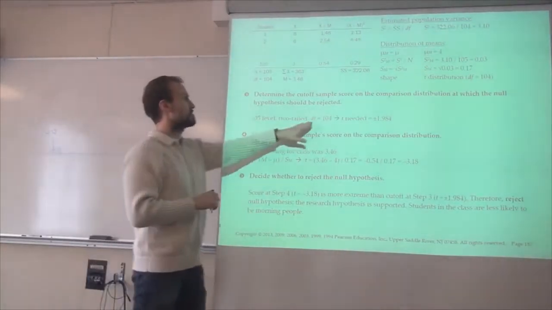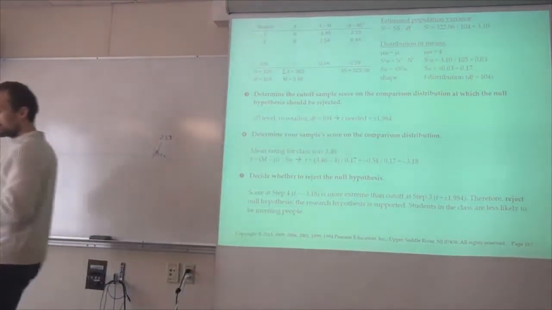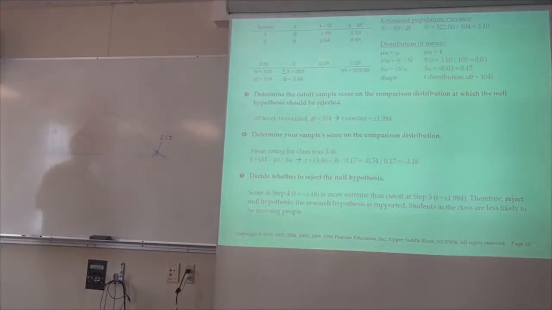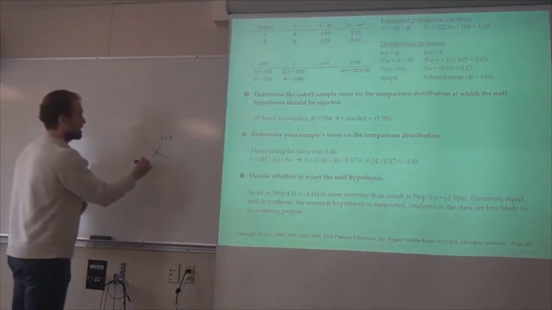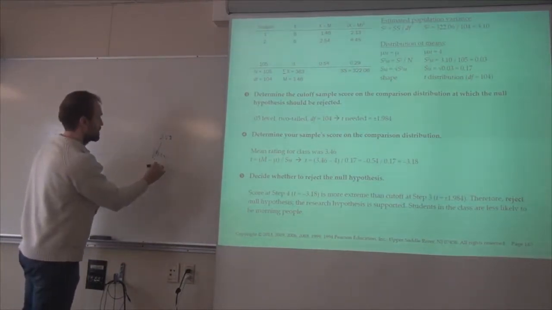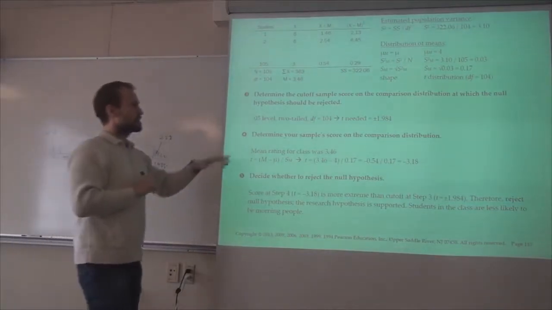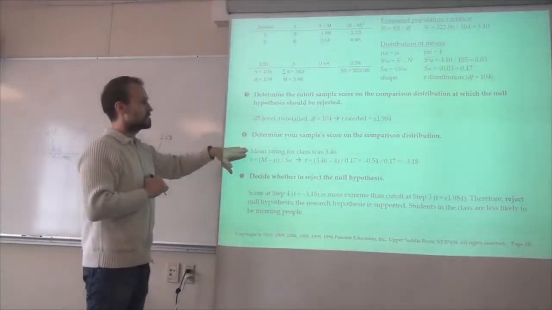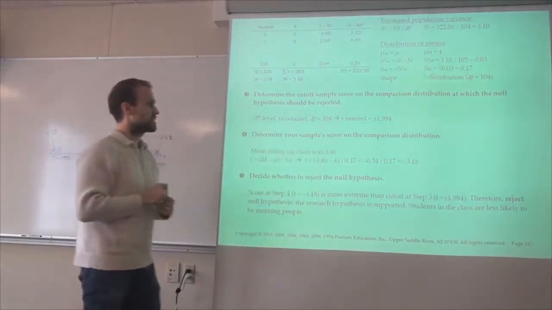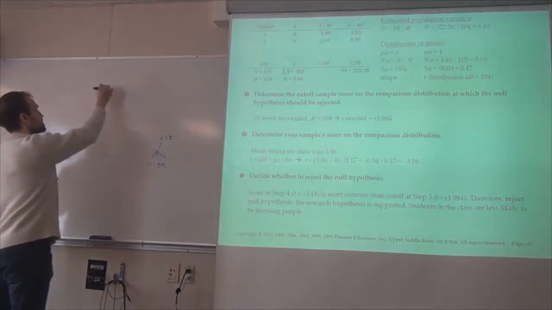So with degrees of freedom 104, I can look it up in my table, which we'll do in the additional examples in the quizzes, and I'll find that I need a t-score of plus or minus 1.984. Now I look at my sample mean, 3.46, and convert that to a t-score to see where it sits in the distribution of means.